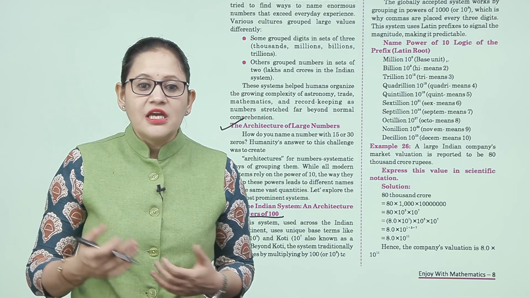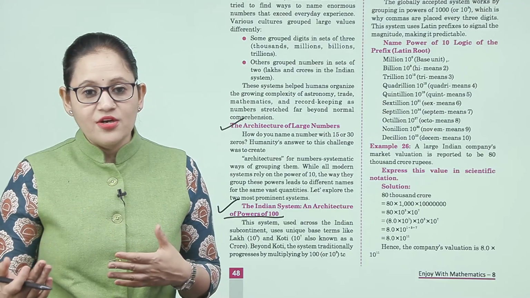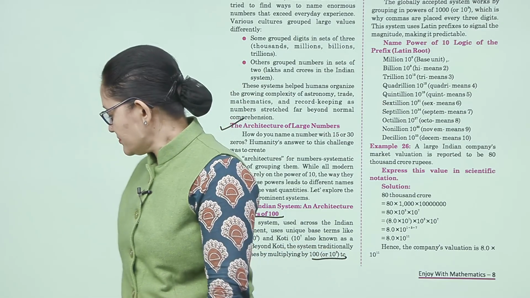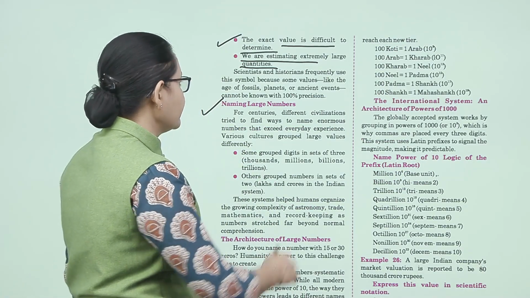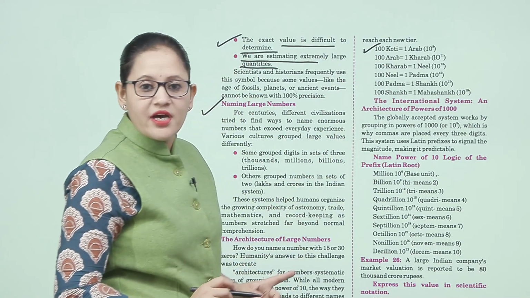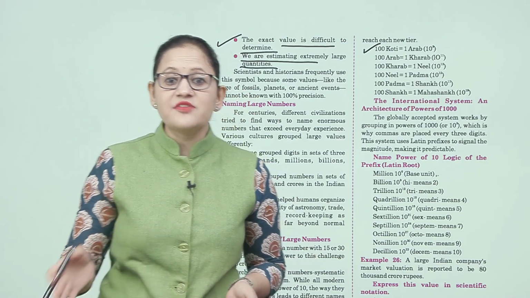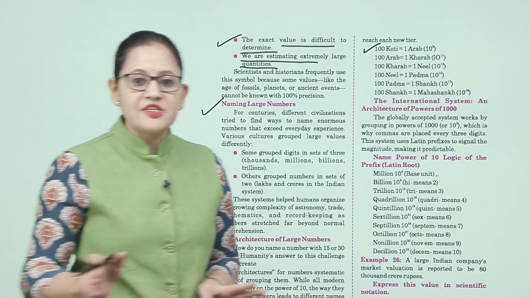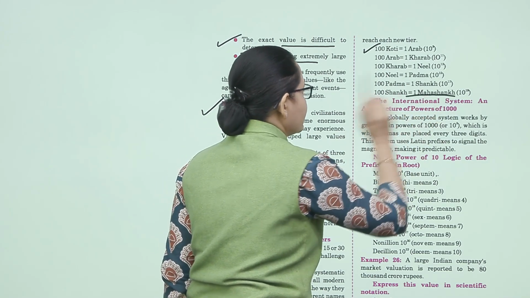Beyond the koti, the system traditionally progressed by multiplying by 100, or 10 to the power 2. 100 koti equals 1 arab. 100 arab equals 1 kharab. 100 kharab equals 1 nil, and 100 nil equals 1 padma. 100 padma equals 1 shankha, and 100 shankha equals 1 mahashankha.